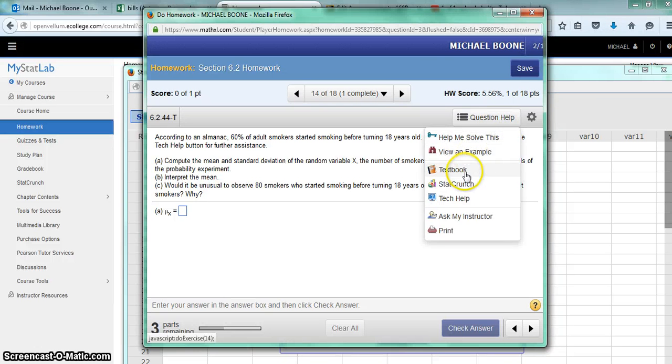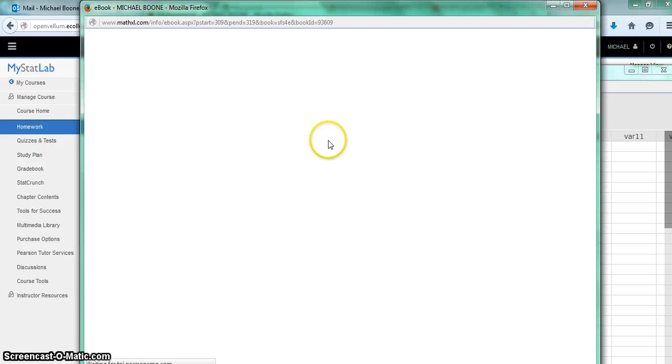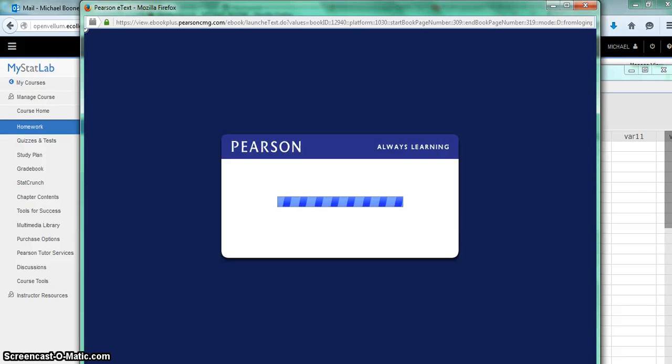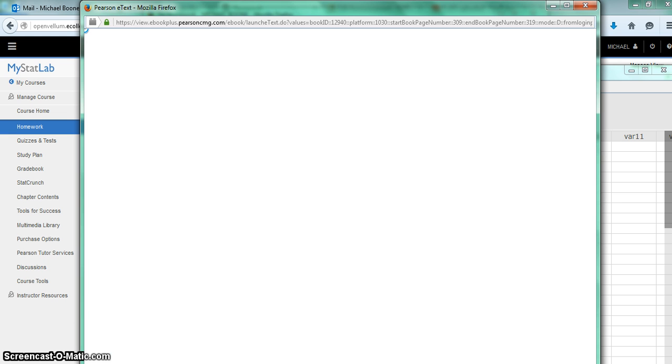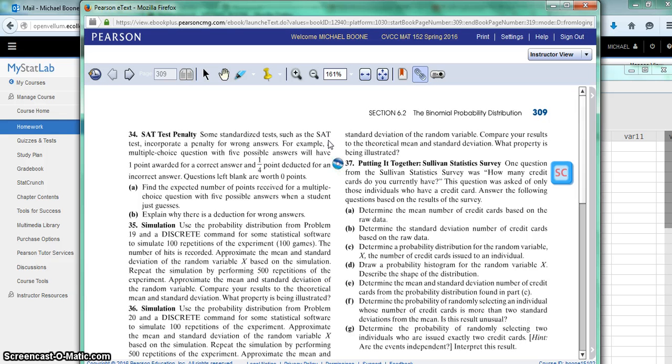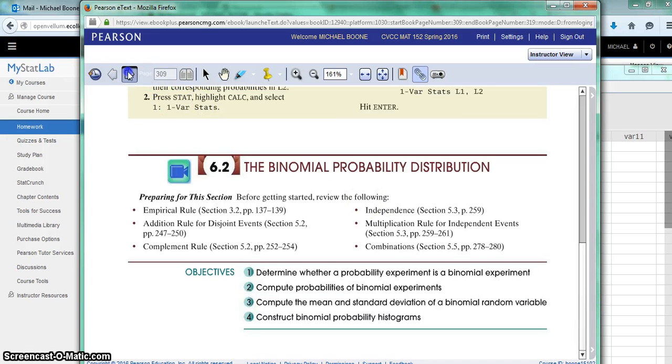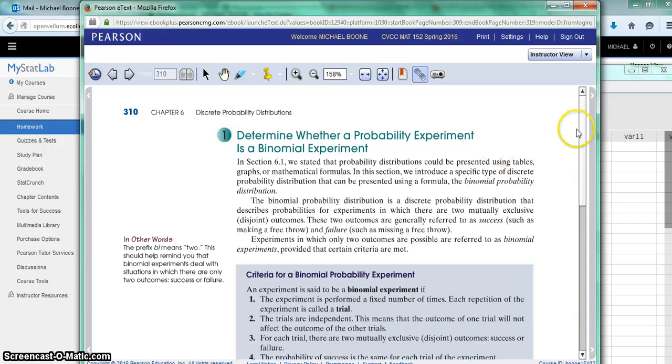We can look at the textbook, and it'll show us these formulas in chapter 6, section 2. So, let's see if those are on the next page.